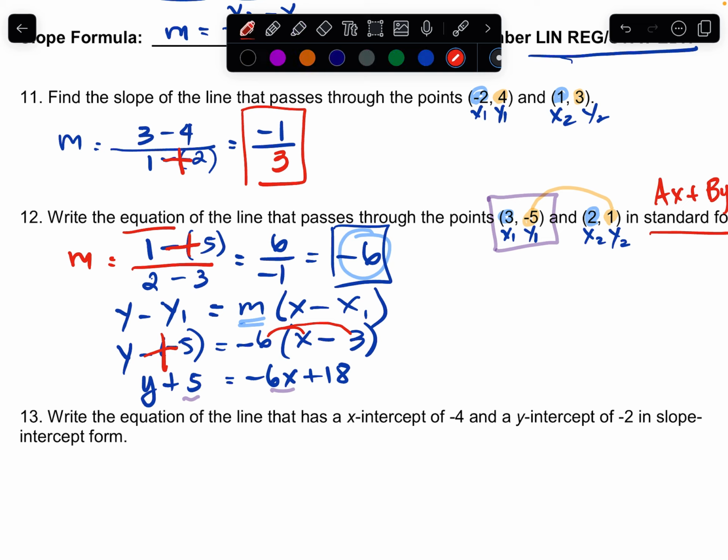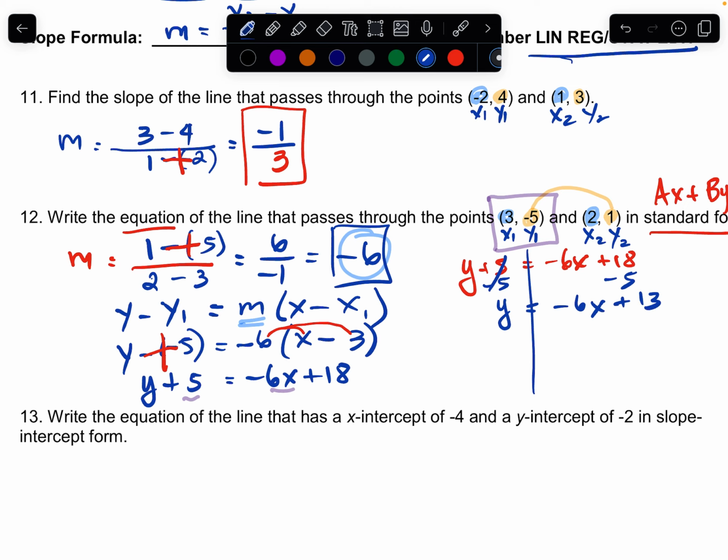So let me go back up here. y plus 5 equals negative 6x plus 18. And I'm going to put a line down the middle. So this is plus 5, so I'm going to say minus 5 and minus 5. That's gone, so this is just y equals negative 6x, and 18 minus 5 is equal to 13.